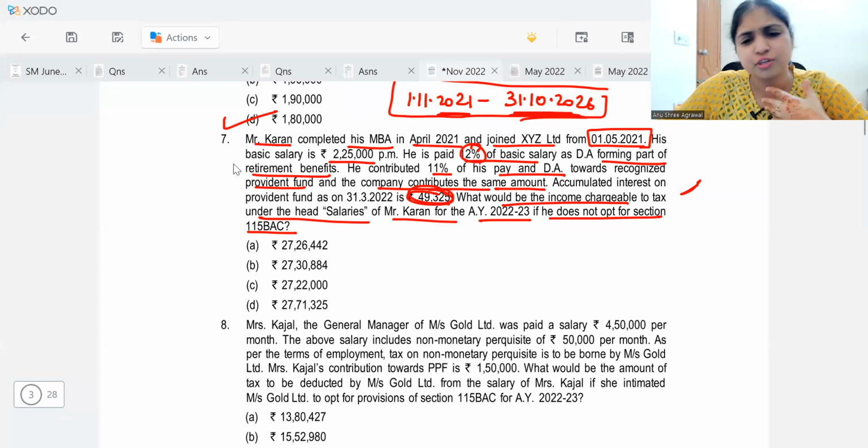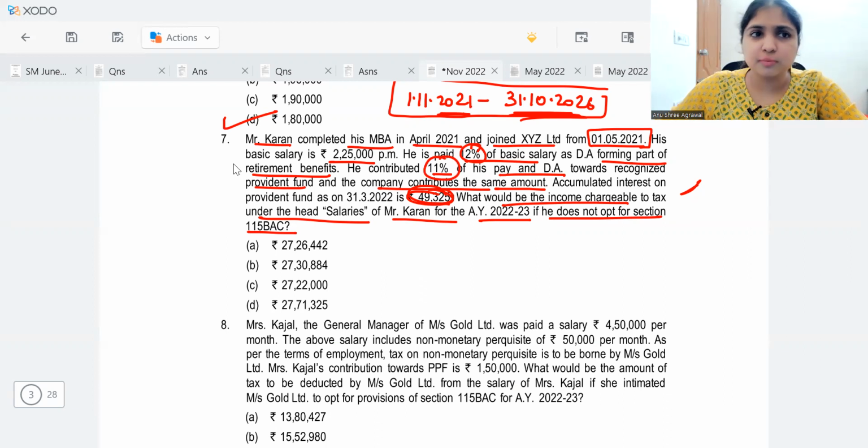He contributed 11% of his pay. His own contribution I will not bother about here, because his own contribution goes to section 80C, right? And they are calculating only salary income. So his own contribution, I will not be bothered about that in the salary calculation. But what is the employer's contribution? 11% of basic and DA.